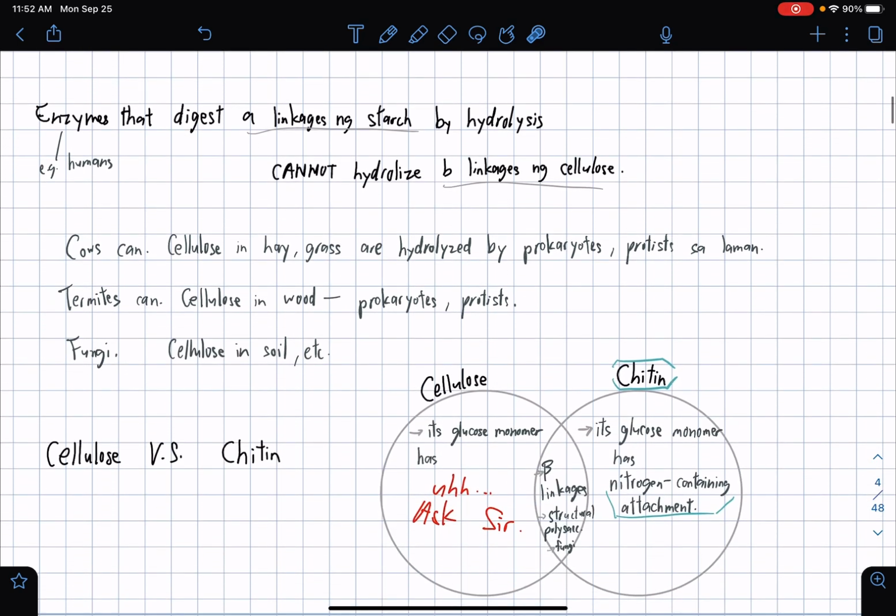So enzymes that digest alpha linkages of starch by hydrolysis cannot hydrolyze beta linkages of cellulose.